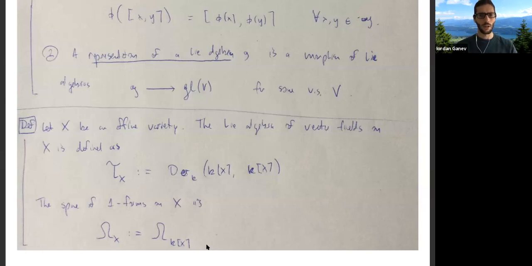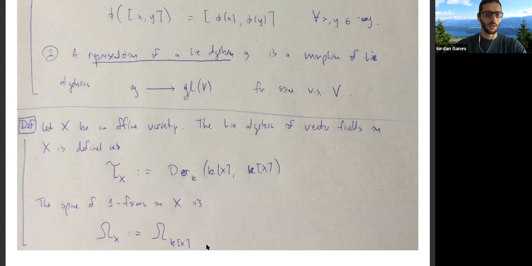And as we saw in one of the examples we discussed just now, these derivations form a Lie algebra. It's a Lie subalgebra of all endomorphisms of the affine algebra. And that Lie algebra is the Lie algebra of vector fields on X.